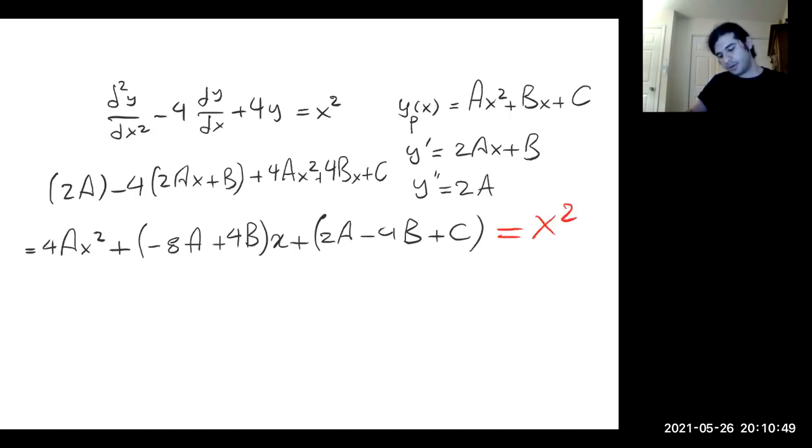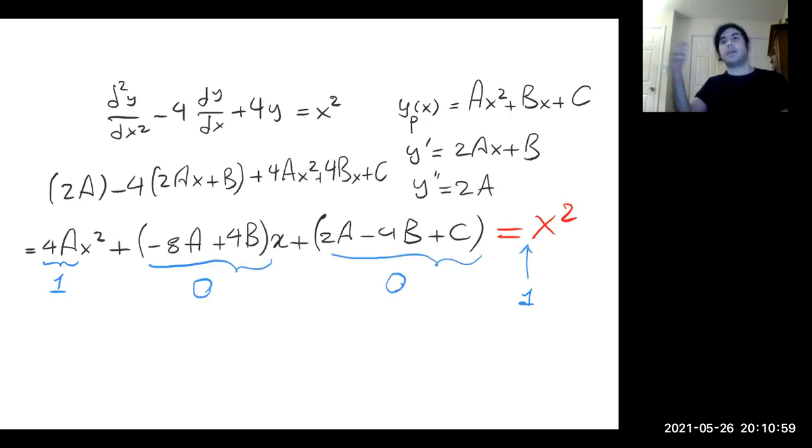And we want this to be equal to x squared, right? Therefore, the coefficient of x squared should be 1, the coefficient of x should be 0, and the constant term should also be 0, because on the right-hand side we don't have x or a constant. So 4a should be equal to 1, which means a is 1 over 4. Then minus 8a plus 4b should be 0.